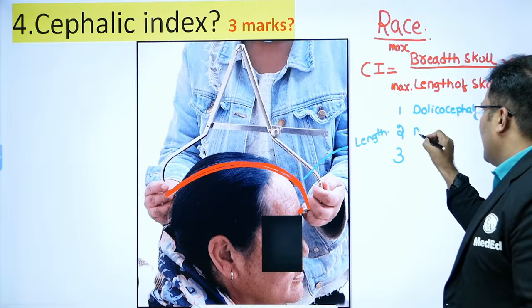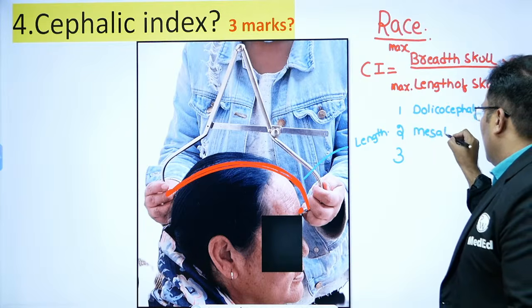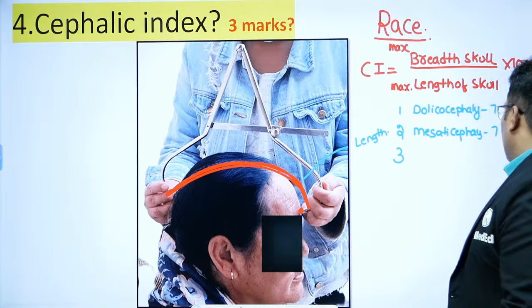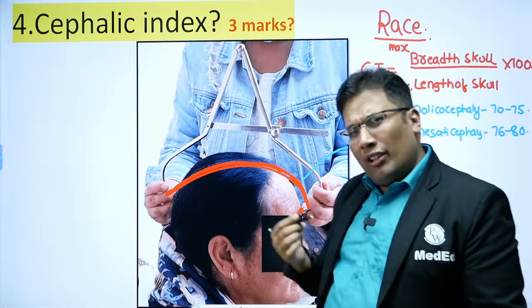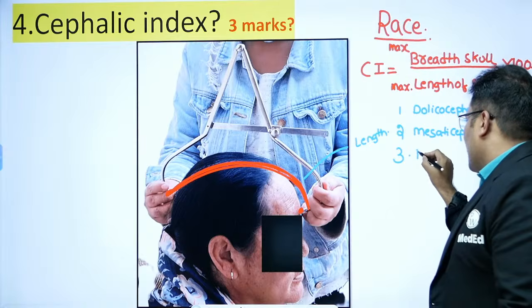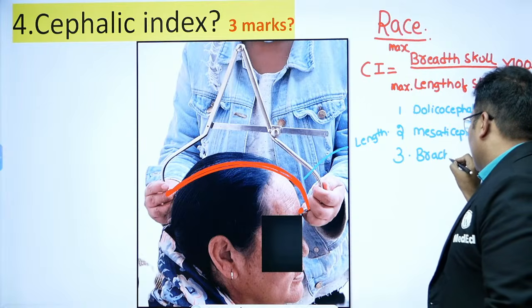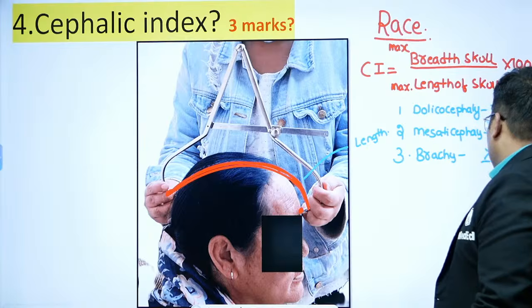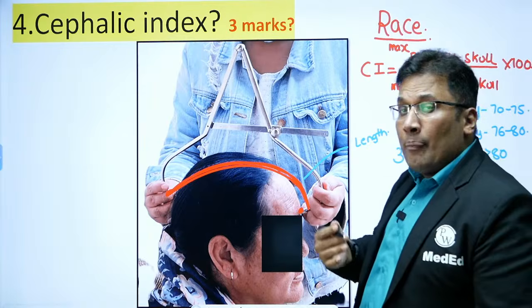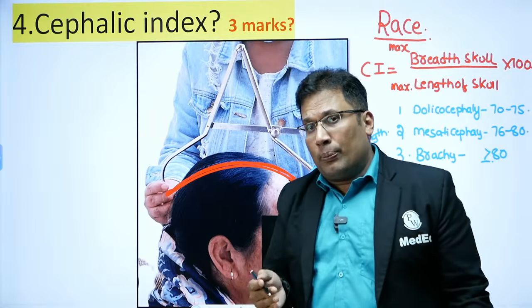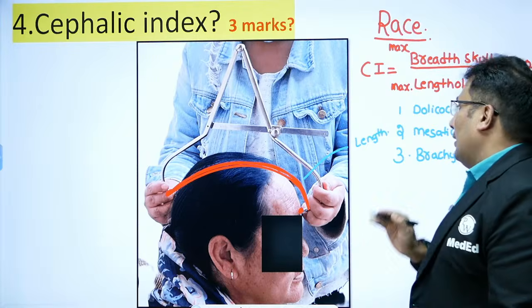Second one, mesocephaly, 76 to 80. Anything from 75 to 80 is basically mesaticephaly. Brachycephaly is more than 80. Some books give hyperbrachycephaly, that is more than 85. But anything more than 80 is basically brachycephaly.